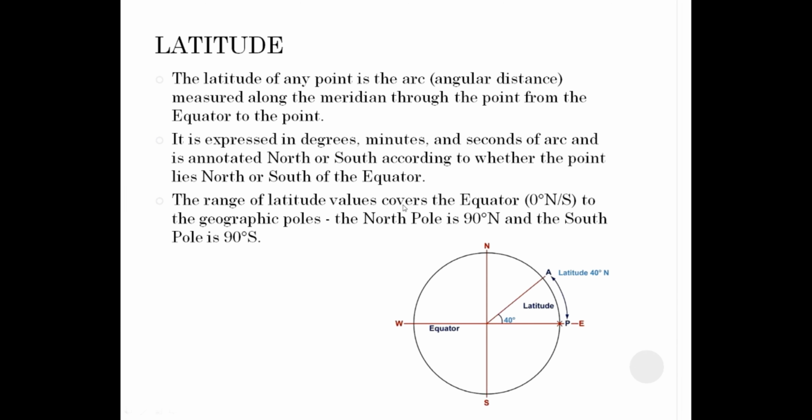The range of latitude values covers the equator, which is 0 degrees, to the geographic poles. The north pole is 90 degrees north and the south pole is 90 degrees south. So how the latitude goes: suppose this is 0, then comes 10 degrees, 20 degrees, 30 degrees, and when you reach the north pole it is 90 degrees north, right?